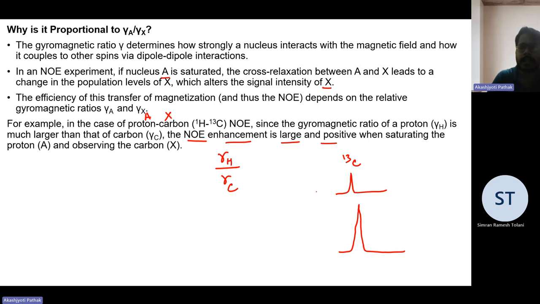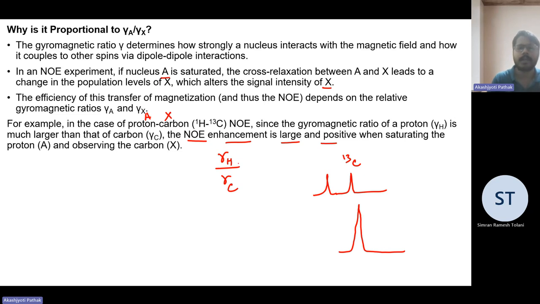Because the carbon is coupled to the hydrogen, and due to the NOE experiment, the nuclear spin energy, the polarization or the magnetization of the hydrogen, has transferred from hydrogen to carbon.